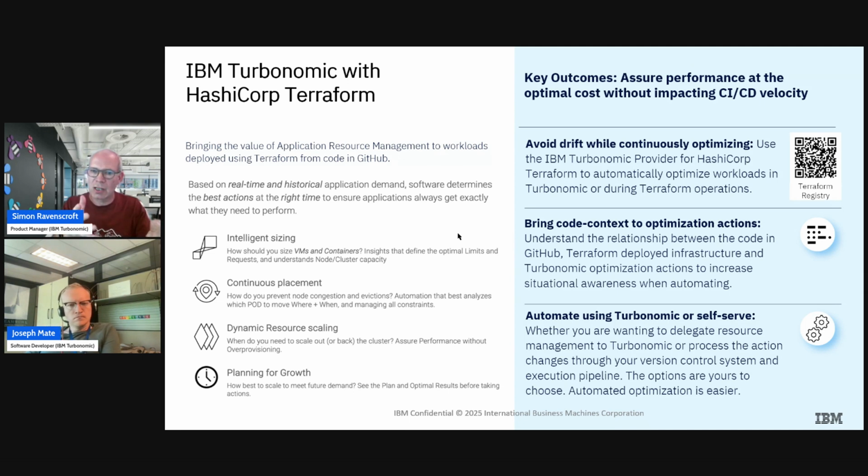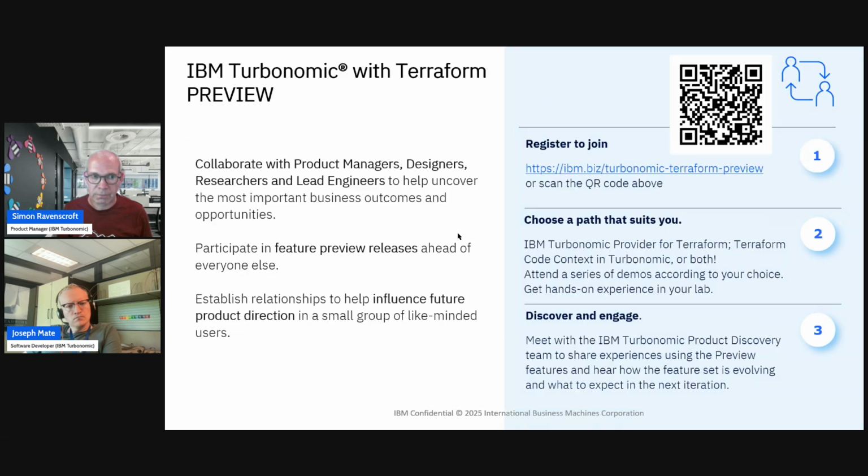And then I showed you the integration with GitHub and Terraform to bring that code context to the optimization actions. And what that means is you can just automate a lot faster. You're able to process the action faster, and you can automate whether you're using Turbonomic or whether you want to do that yourself using webhook, API requests, or integration with ServiceNow. Either way, it's very easy to do that.